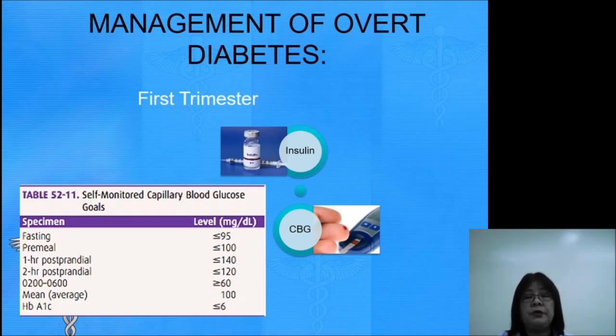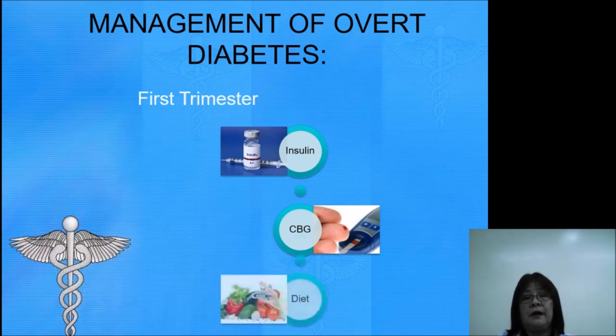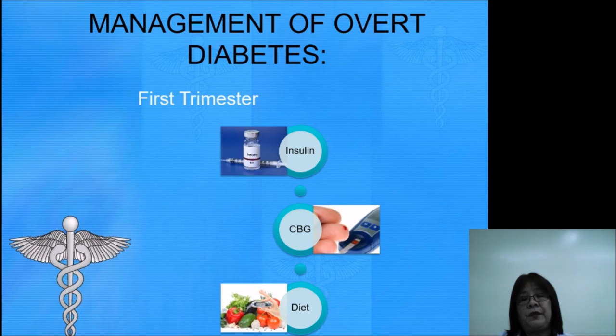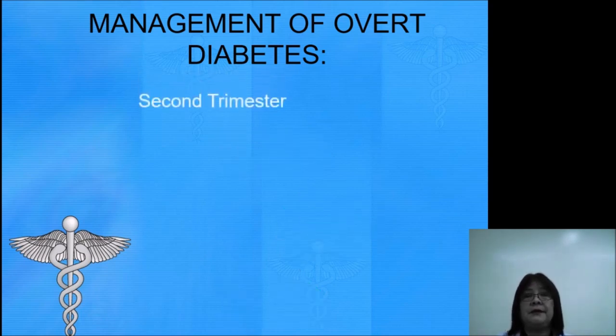The first hour should be less than or equal to 140. Or the 2-hour postprandial should be less than or equal to 120. Or a hemoglobin A1C of less than or equal to 6. If you are not able to attain the desired glucose level, you can adjust the insulin. Next is diet. Do not forget to advise your patient on the proper diet for diabetes.